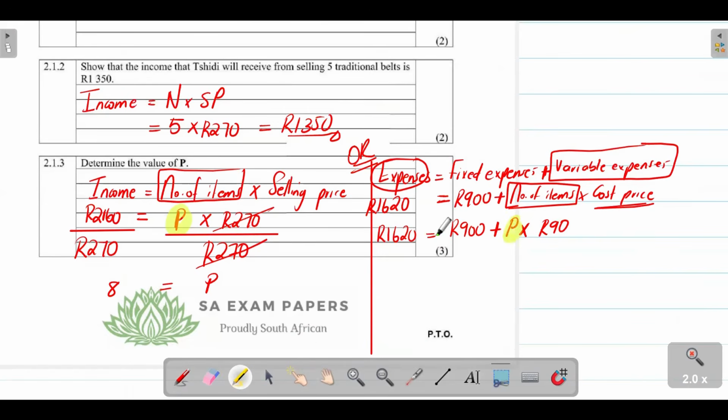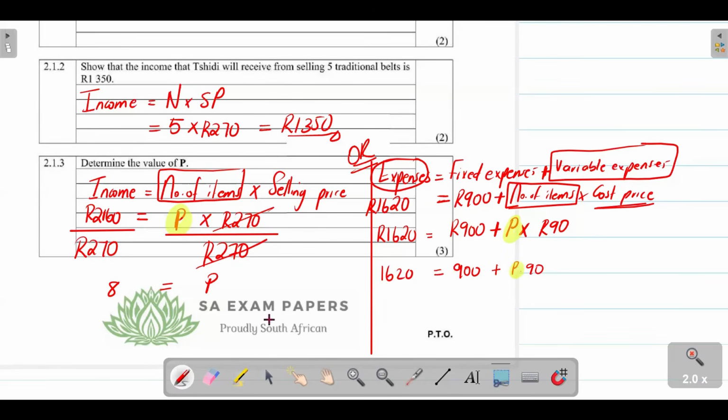But do you see that now in this case, it's like I'm basically dealing with 1,620 is equal to 900 plus P multiplied by 90 rand. So here, I'm still trying to solve for P. But now what are we seeing?